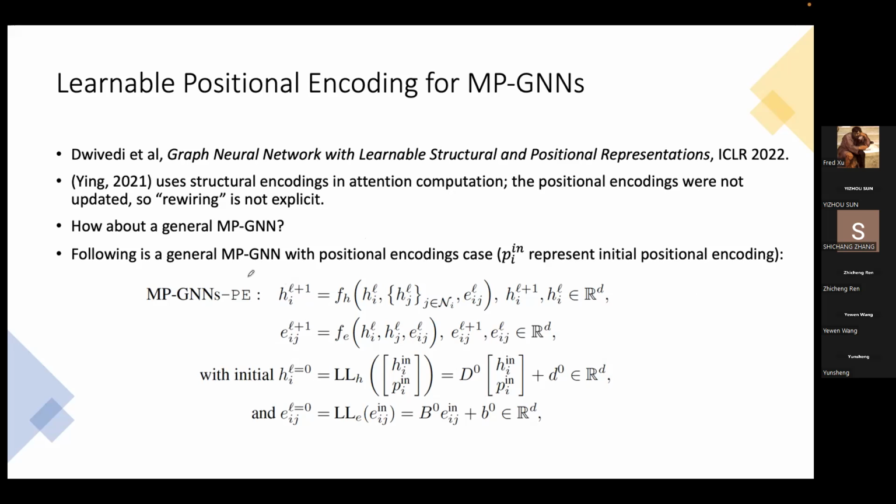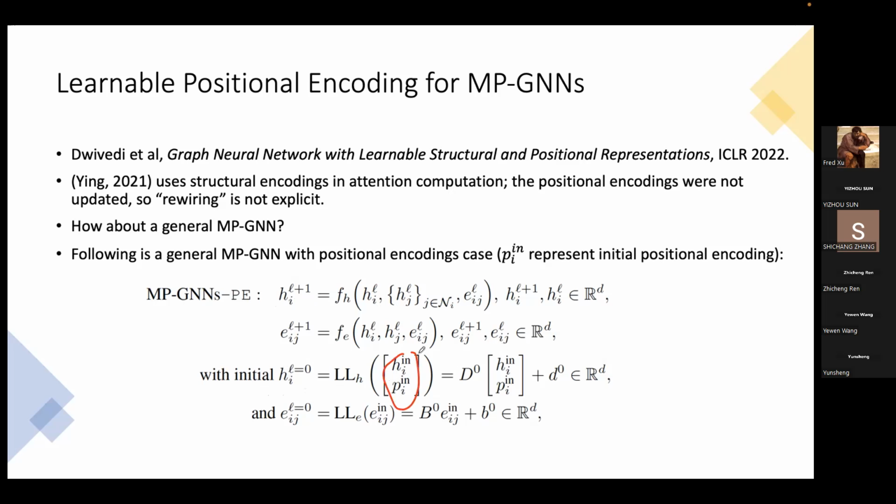So let's look at the standard message passing GNN with positional encoding. This is basically the standard layer by layer update for the node features and the edge features, right? The difference between adding positional encoding and not adding it is that your input has the positional encoding in addition to the input node feature, as you can see from here.